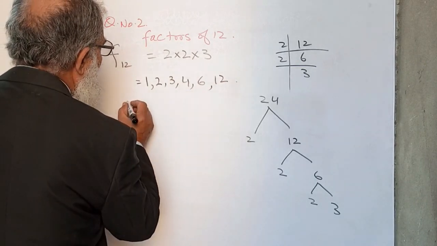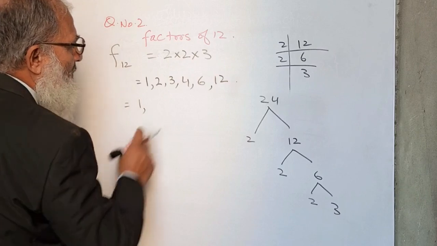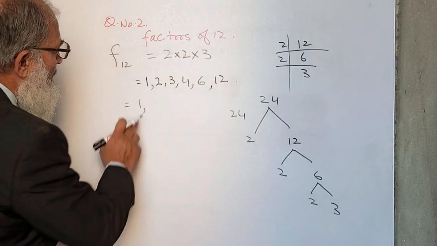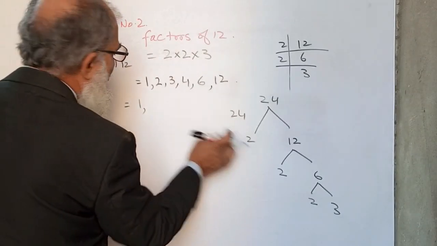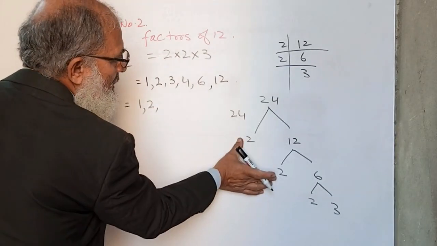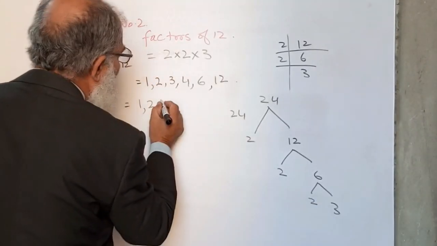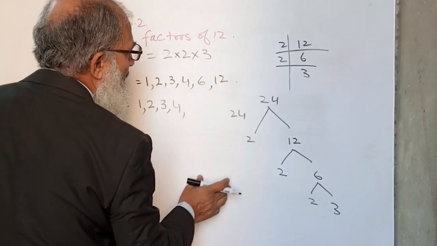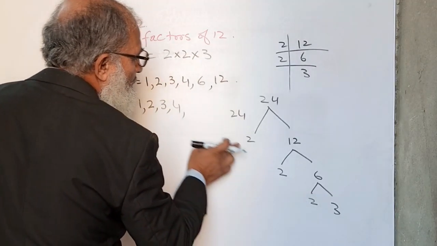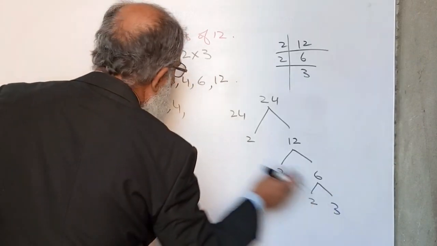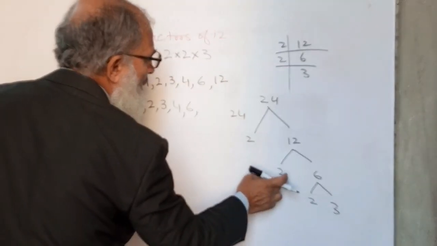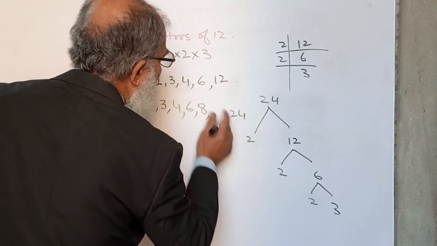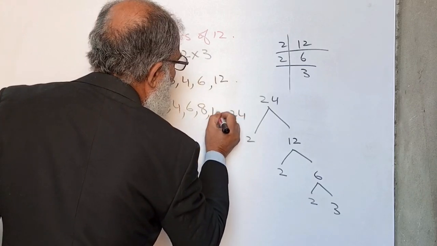So we have come up with 1 and the number itself, 24. The factors are 1, 2, 3, 4, 6, 8 and 12 and 24.